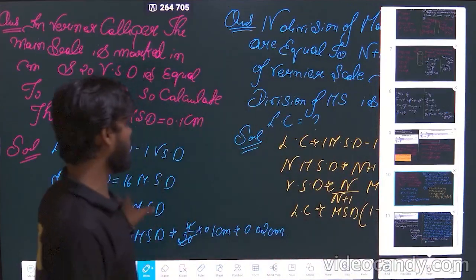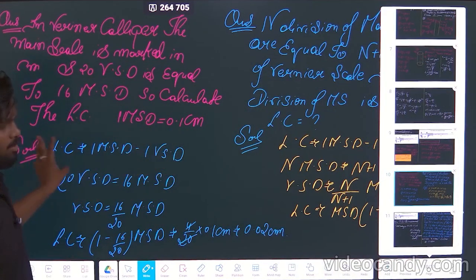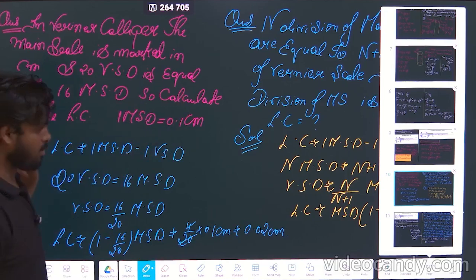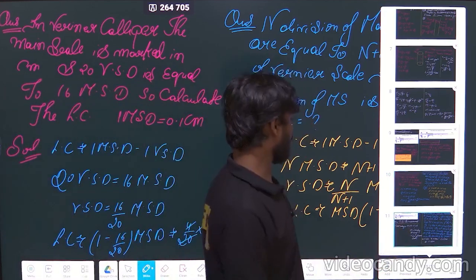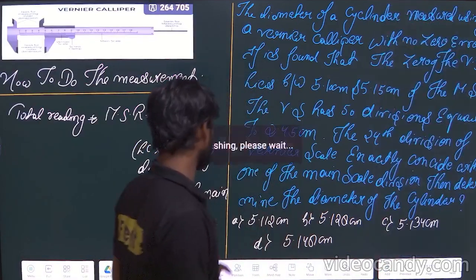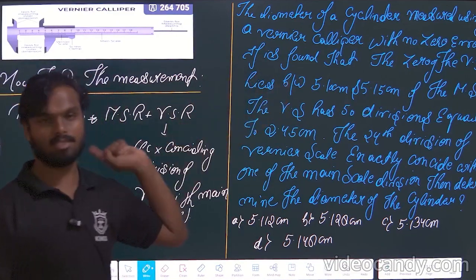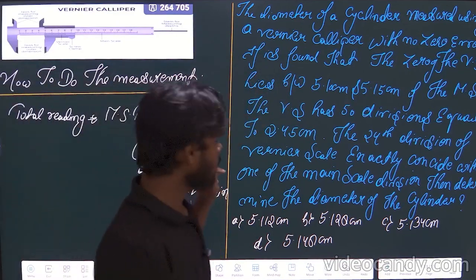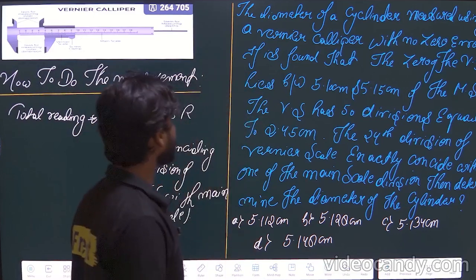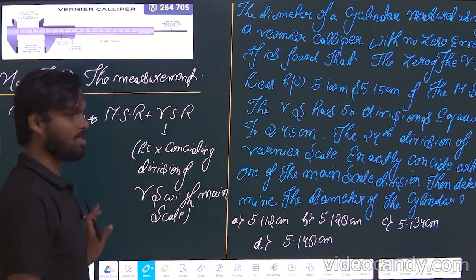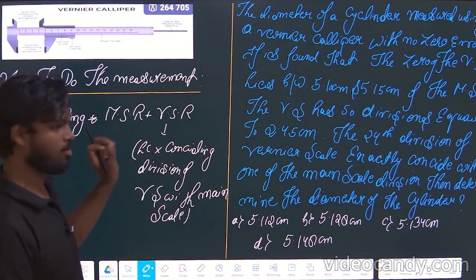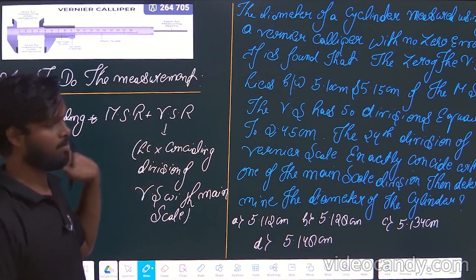They generally ask about the least count, how to calculate it. That much is for NEET. From here I am talking to JEE students, especially JEE Advanced. It is a previous year question of JEE Advanced. NEET students need not do it, as they won't be asked this type of question.